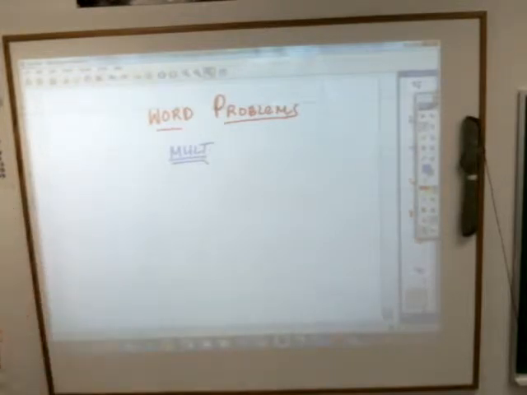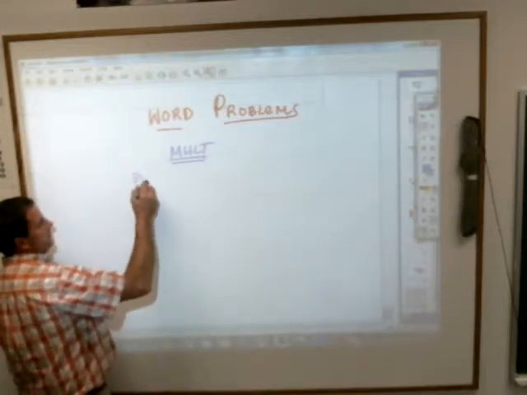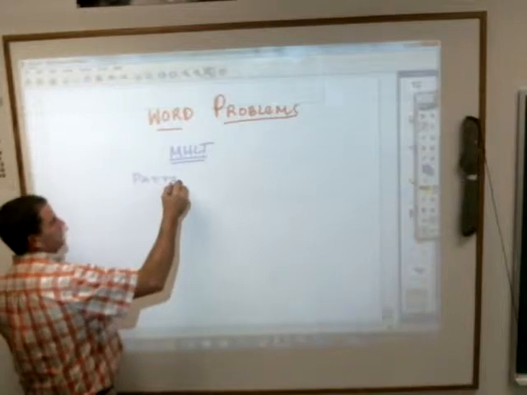Here we go. We're about to embark upon a journey which you will never forget. Write this down. Multiplication word problems generally fit into this pattern. Here is the pattern that would be good for you to have written down.